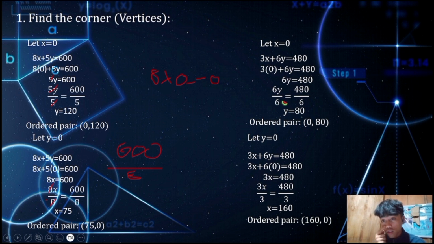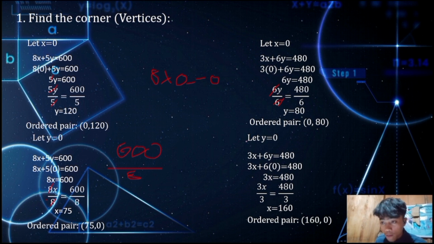We put 6 below and cancel out, so what remains is y equals 480 divided by 6. 480 divided by 6 is 80. So y equals 80, and the ordered pair is (0, 80).